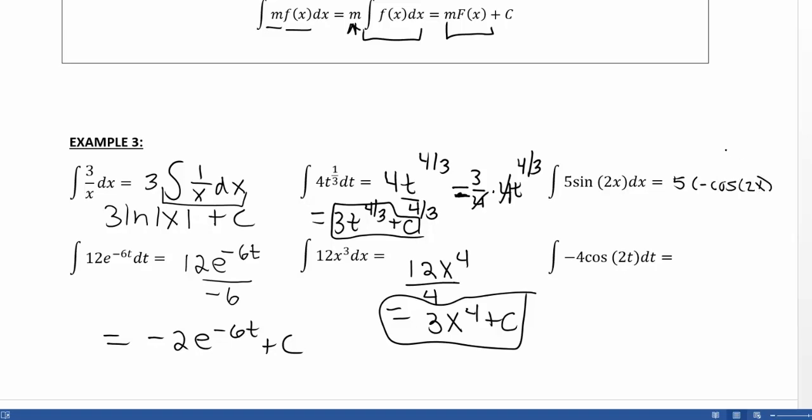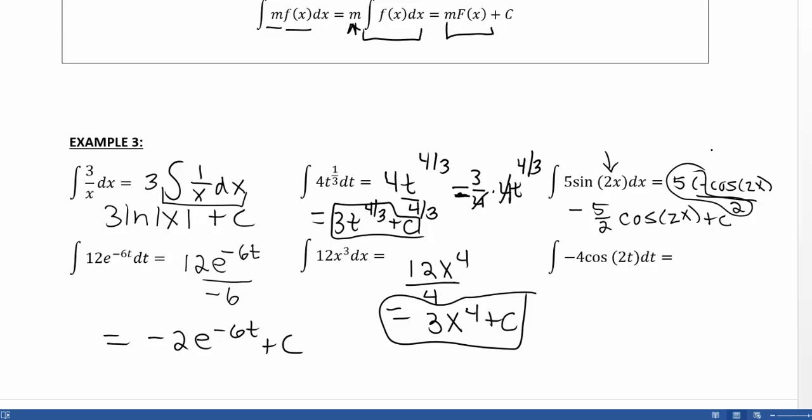And now because I have a constant in there, I need to divide by that constant. So I'm going to simplify this a little bit. I'm going to pull the negative to the front, and I'm going to write this as negative 5/2 cosine of 2x plus c. So the negative and the 5 and the over 2 all got pulled to the front just to make things a little bit easier.